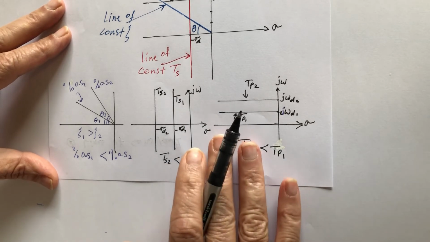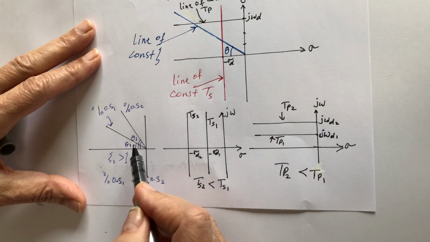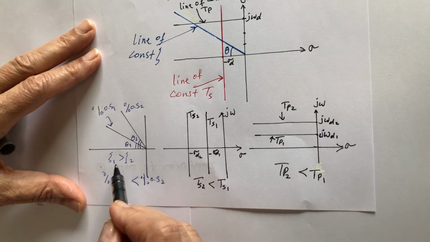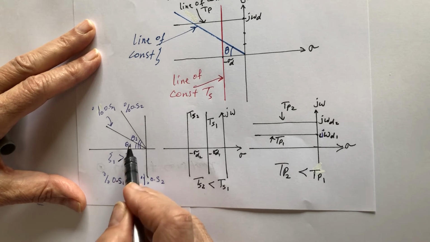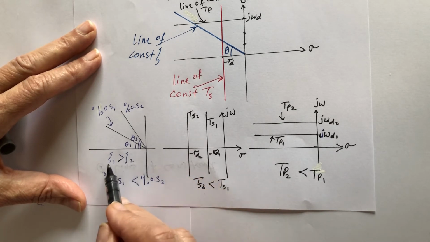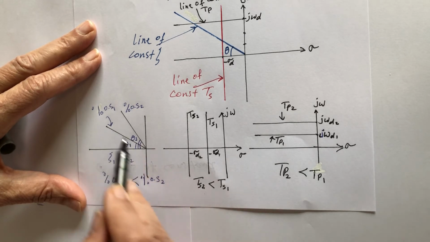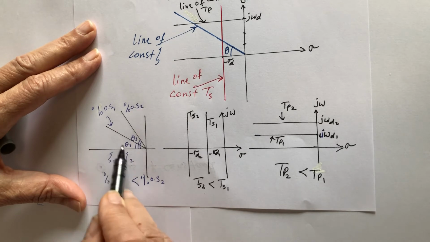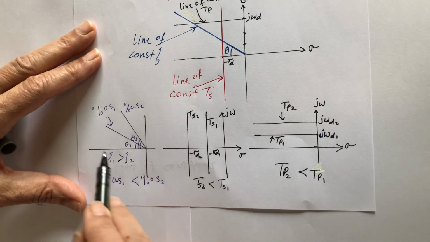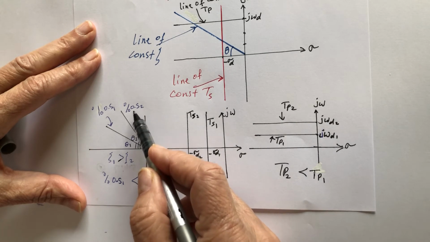Okay? Now, here we have theta 1 and theta 2. This is for zeta 1, theta 1, and theta 2 for zeta 2. Zeta 1 is bigger than zeta 2. Then the percent overshoot that I get from theta 1, let's call it percent overshoot 1, and this one percent overshoot 2.